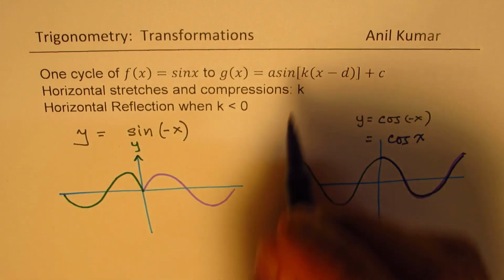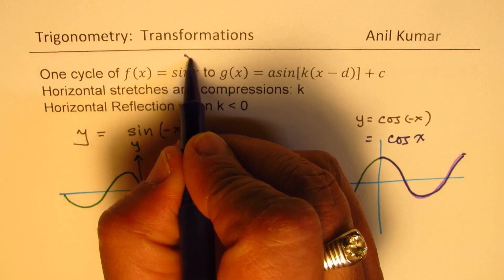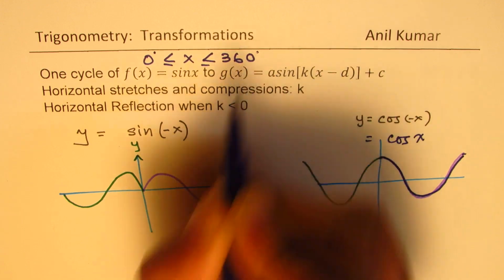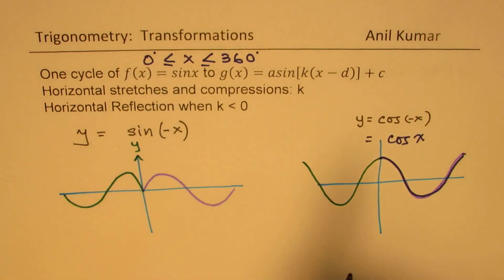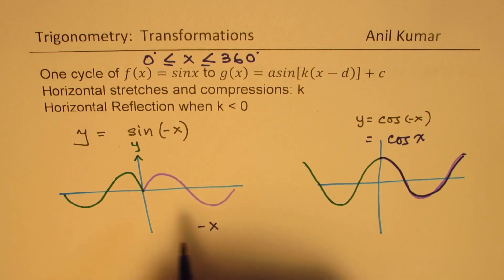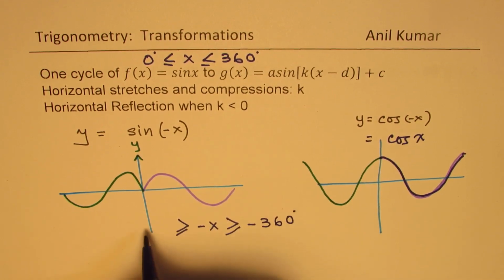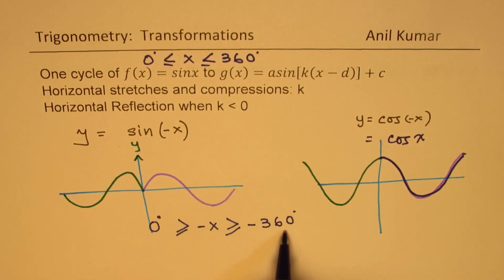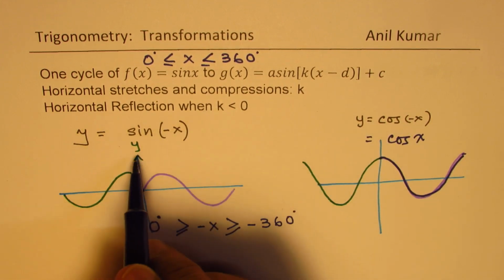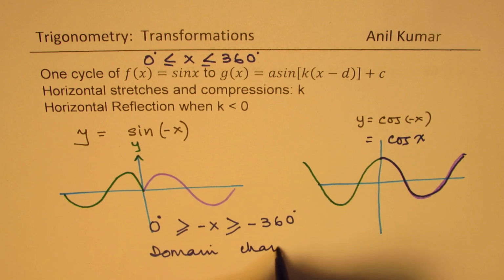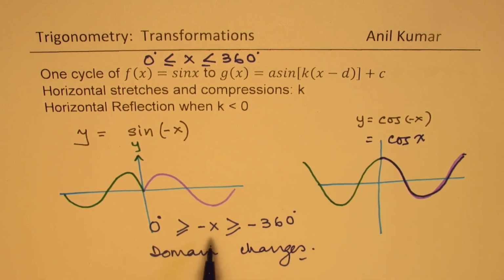However, when we are restricting ourselves to the interval when x is between 0 degrees to 360 degrees, in that case, when I do minus x, then the signs change. Do you see that? The signs will change, correct? And you'll have minus 360 degrees to 0 degrees. So the domain changes, right? So for a reflection on horizontal axis, domain changes. Especially when we are working on a fixed interval. So that is very important to understand.